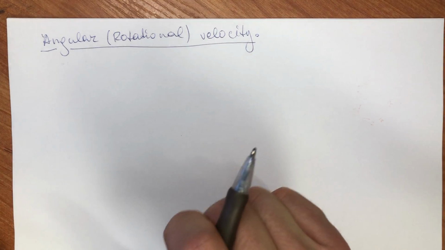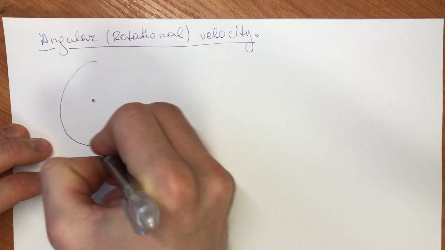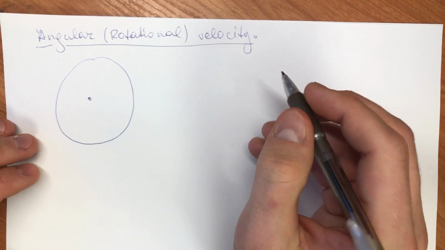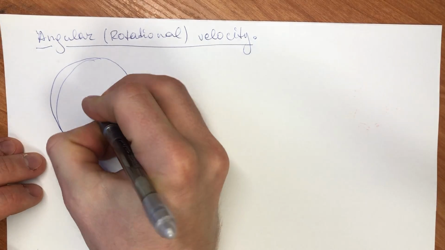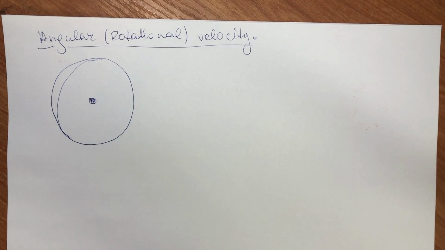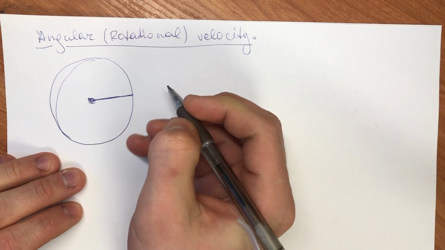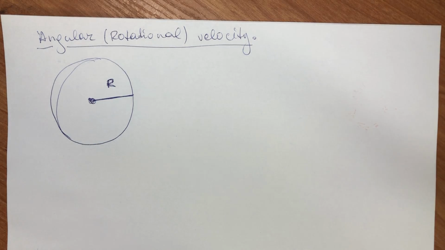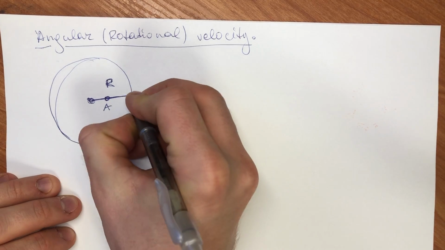So what's happening in this? If you have something like a circle, we don't need a perfect circle here. If you have radius r of a circle, and you have point A here and point B here.